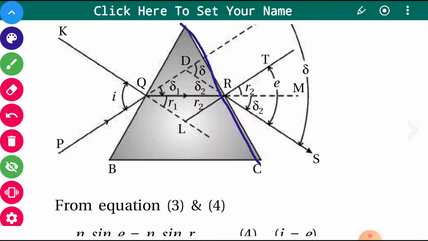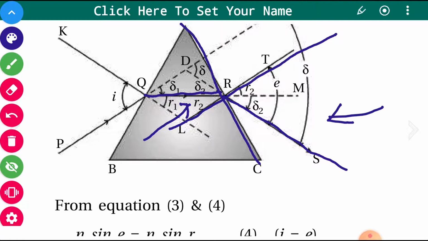Here you see this is the way the path of the ray is shown. This is the perpendicular. If you apply Snell's law, then N2 sin R2 is equal to N1 sin E, where the angle of emergence has to be taken into consideration.